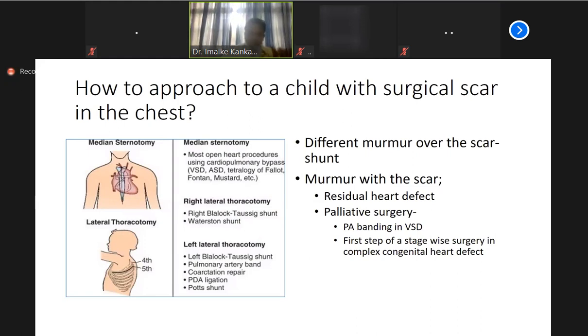So if you get an acyanotic child with a surgical scar and you could hear one murmur, that is probably a residual heart defect or a palliative procedure. If you see a child with cyanosis and a surgical scar, and it is an anterior surgical scar, that could well be a stage-wise surgery, where the first stage would have happened. But if the scar is on the back of the scapula, on the left or right side, that will be due to a BT shunt.